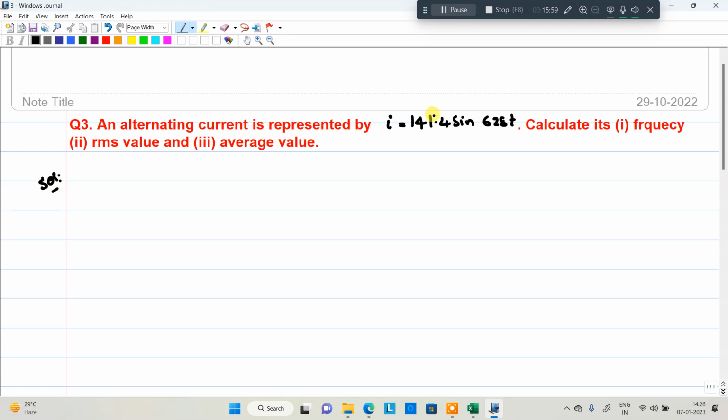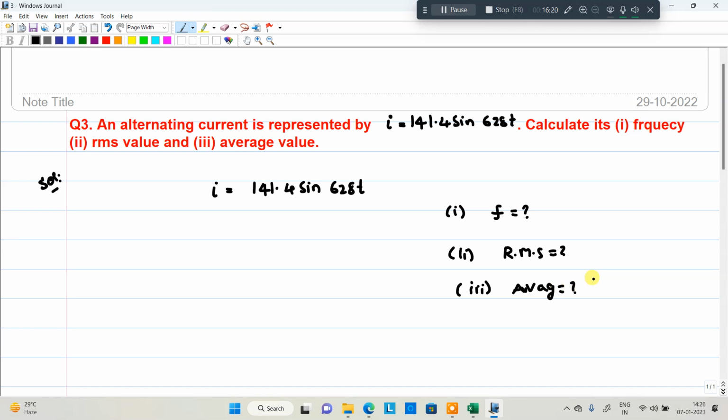In the third problem, an alternating current is represented by I is equal to 141.4 sine 628 t. Calculate first the frequency, second the RMS value, and third the average value. These are the things you need to calculate. The first one, frequency, we can calculate from the standard formula I is equal to Im sine omega t.